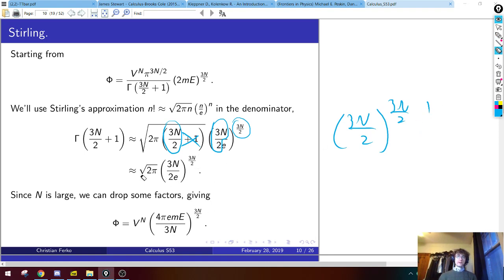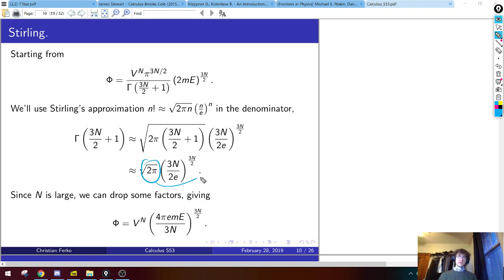And I'm left with this factor of square root of 2 pi. But I'm actually going to kill that as well for the following reason, because this is a factor of 2 pi to the power 1/2. But in our formula for phi up here, we already have a factor of pi raised to a huge power, pi to the 3n over 2.